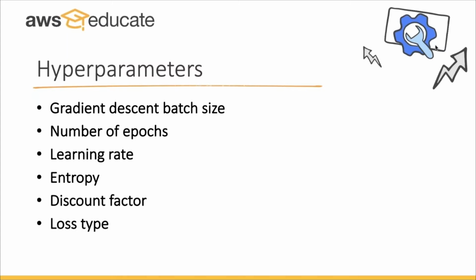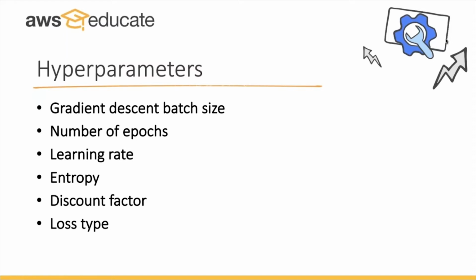Moving on to number of epochs. Number of epochs represents how many passes through training data to update the neural network weights during the gradient descent. Next, learning rate. Learning rate controls how much a gradient descent or ascent update contributes to the network weights. Next, entropy. We've talked about exploration and exploitation.